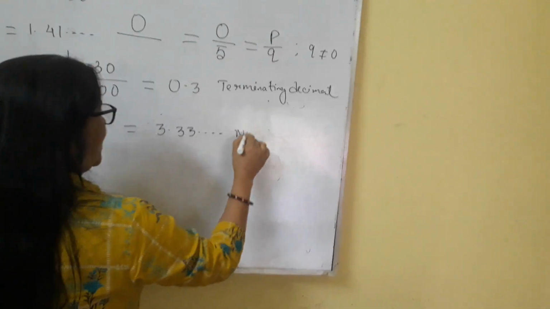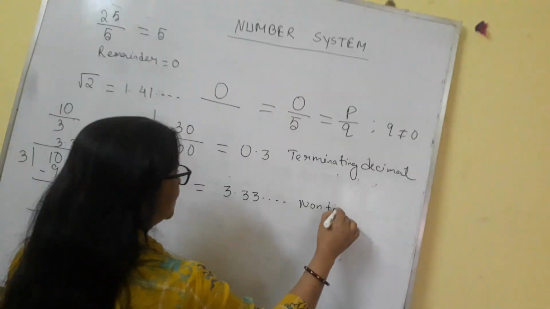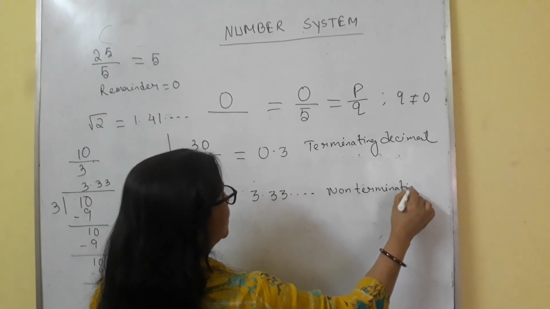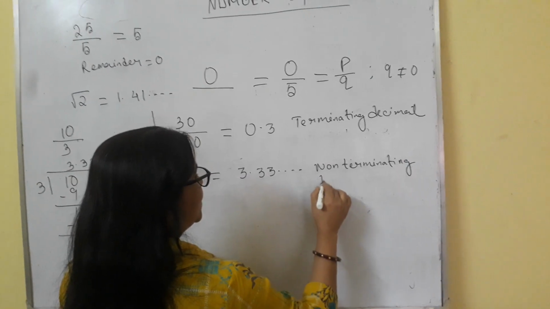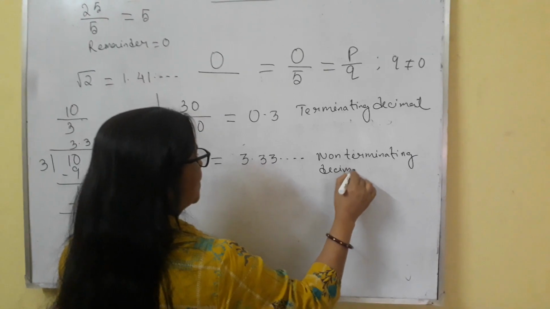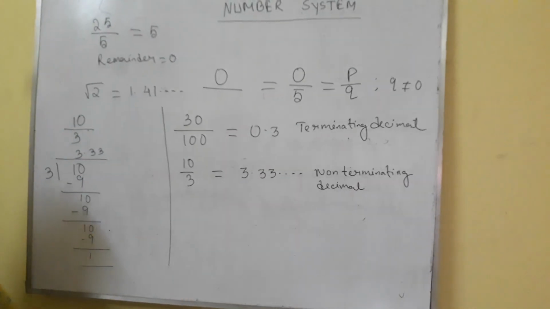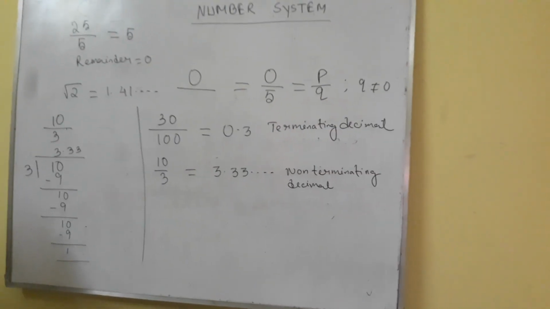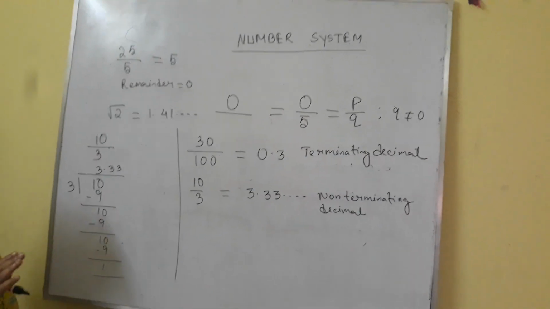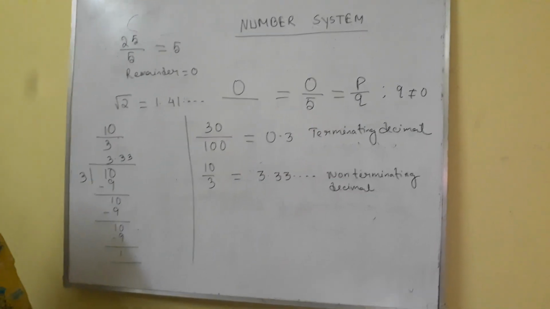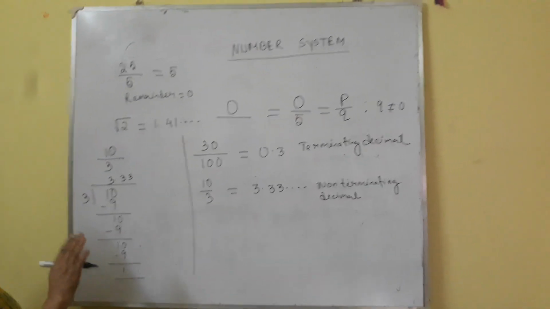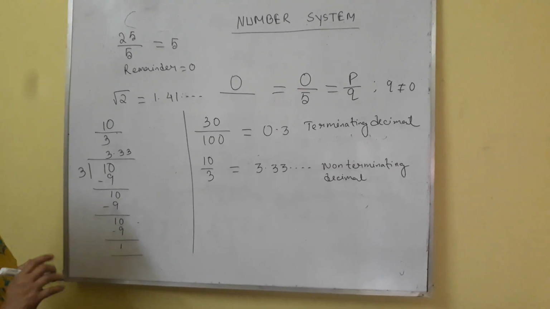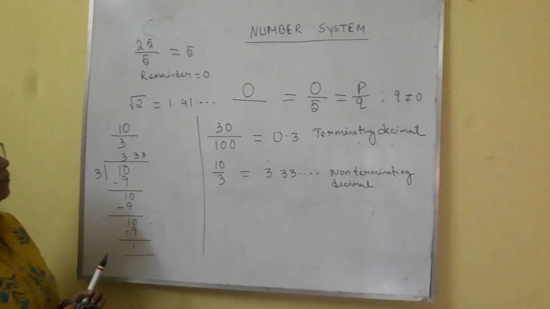This is non-terminating decimal expansion. So this is all about the real numbers, a combination of rational numbers and irrational numbers, and then terminating decimal expansion and non-terminating decimal expansion.